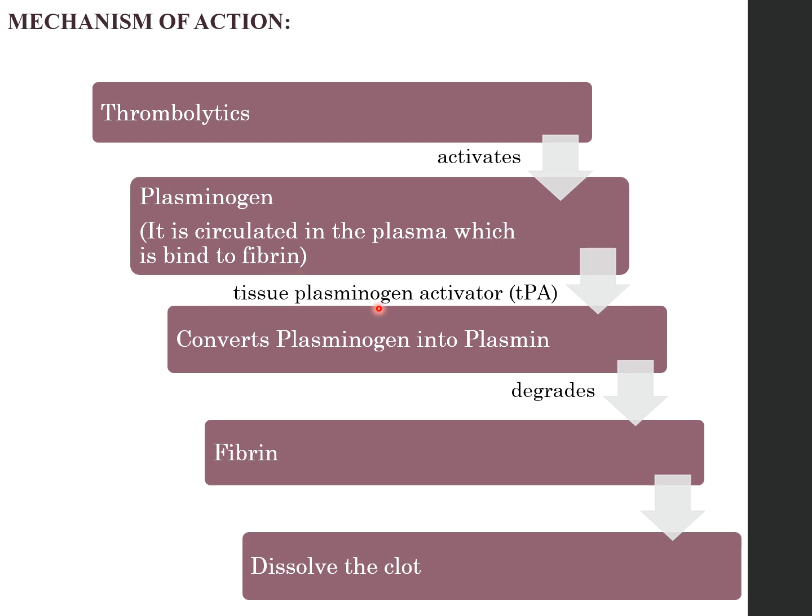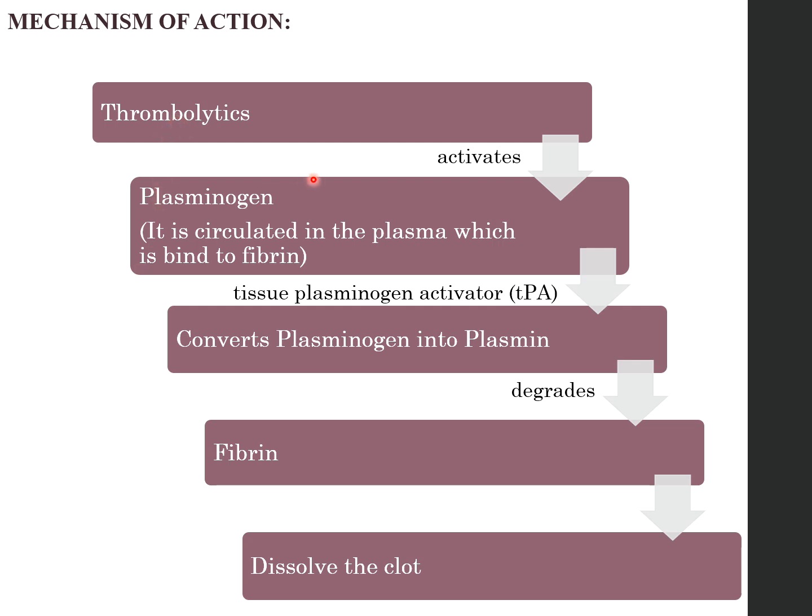The tissue plasminogen activator, TPA for short, is an enzyme that converts plasminogen into plasmin. After conversion, plasmin degrades or breaks down the fibrin, so that the clot dissolves. Like this, thrombolytics break down clots.